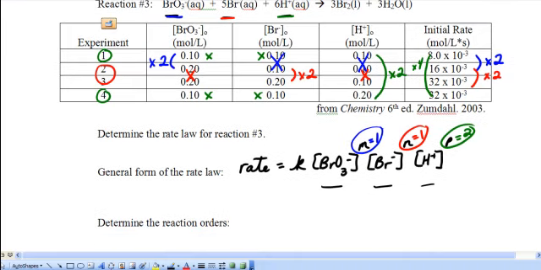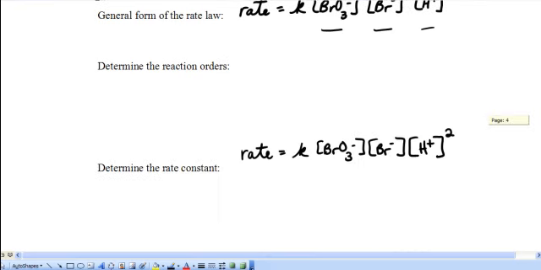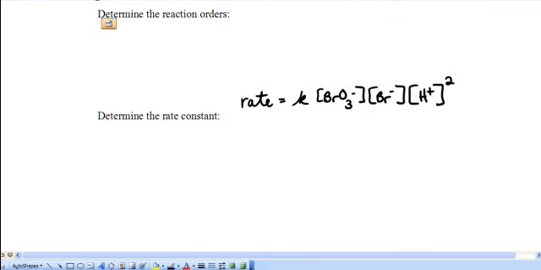I'm going to actually use the first reaction, and the reason for that is that we have 0.1, 0.1, 0.1 for our concentrations. It makes it really easy to do mathematically. So scrolling down, the rate in that equation was 8.0 times 10 to the negative third.